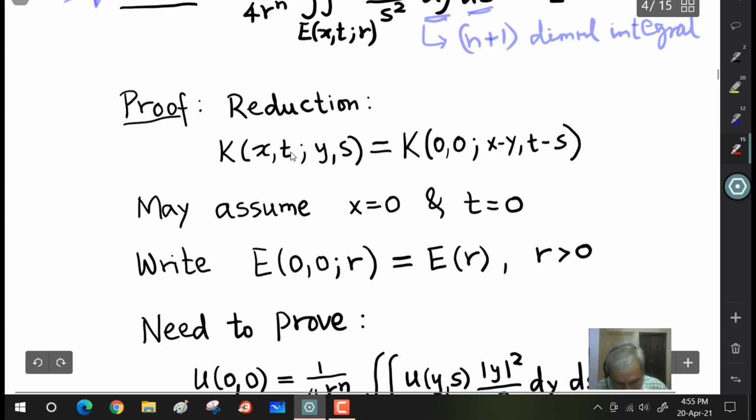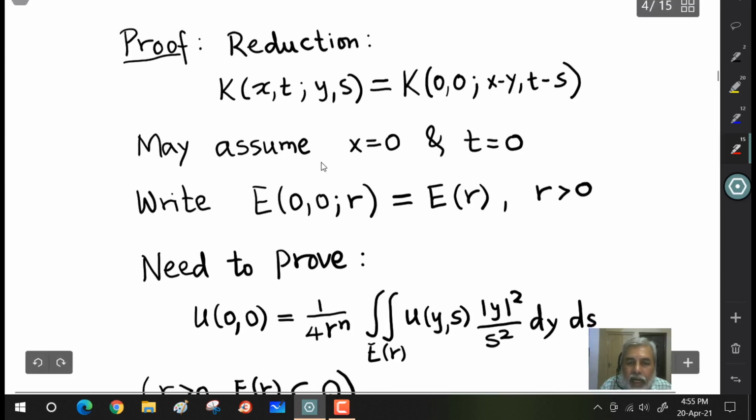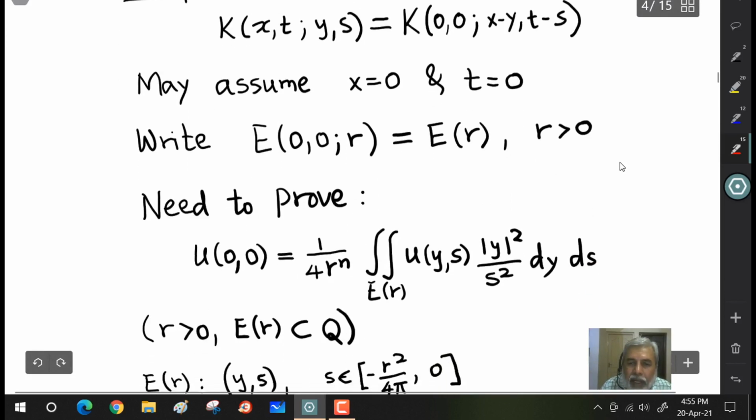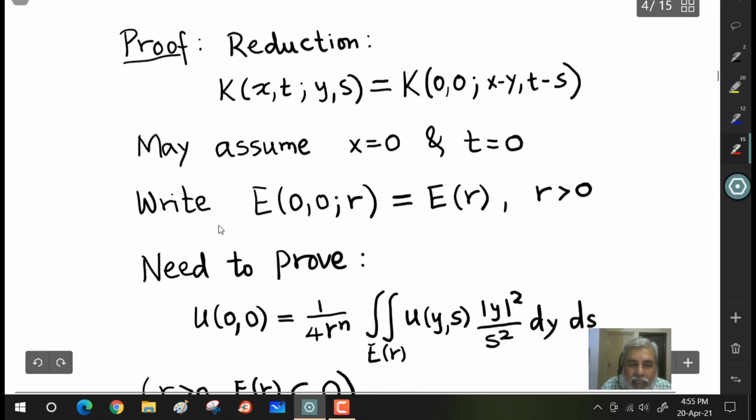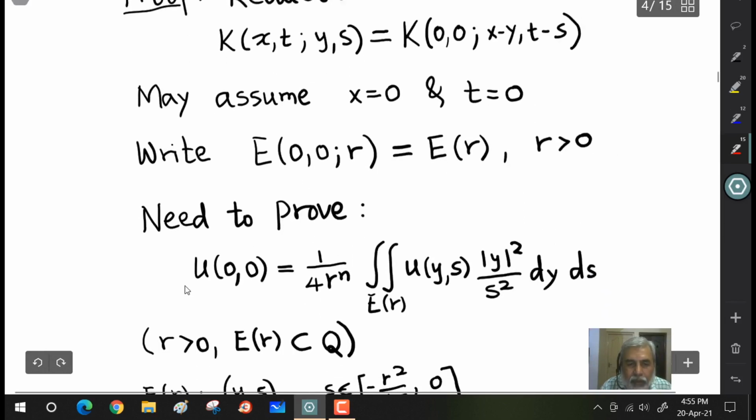So we can always do translations and assume that x is 0 in R^n and t equals 0, a real number. And in that case, we write this E(0,0;r) as simply E(r), with the 0 fixed.